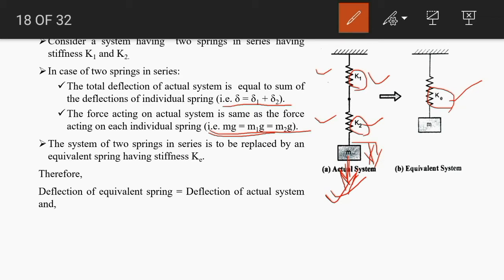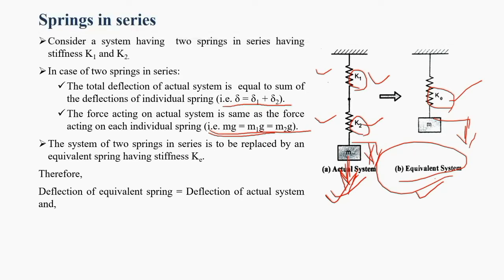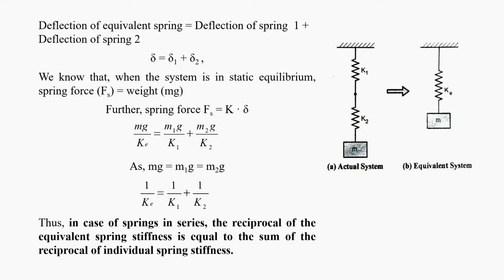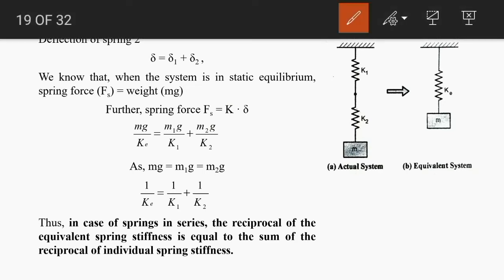Now this model is simplified and this is our equivalent system. Here the total deflection would be the same, delta, equal to delta 1 plus delta 2. As we have discussed, the deflection of the equivalent spring would be equal to the deflection of the actual system. So here we can write delta is equal to delta 1 plus delta 2.